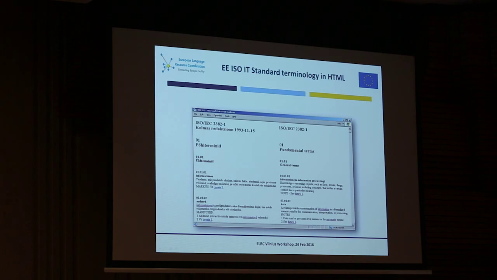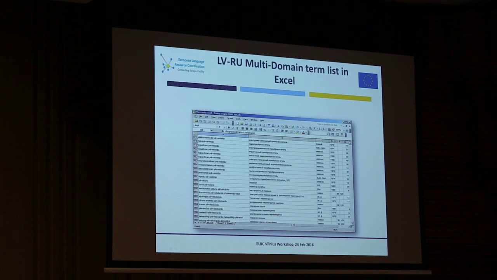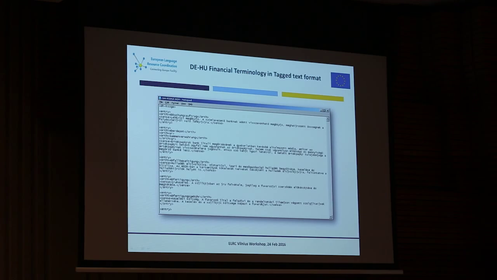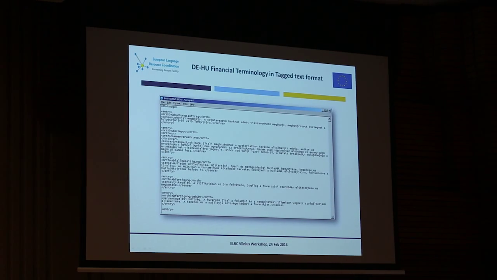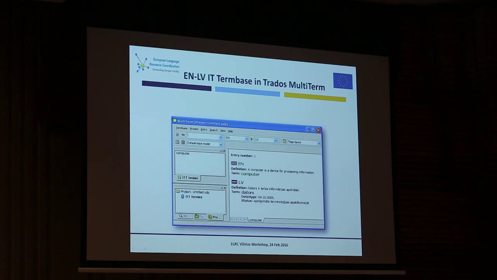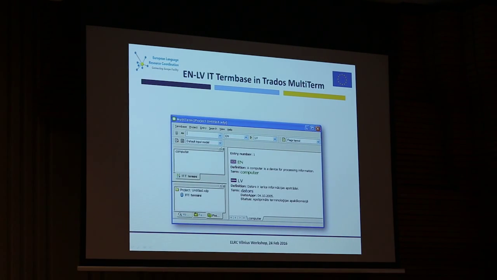Here you have an IT standard in an HTML document. You can have Excel spreadsheets. You can have specifically tagged or formatted data. All this kind of electronic digital data could be useful for extracting texts and providing them to machine translation, to machines, to learn how to translate better.